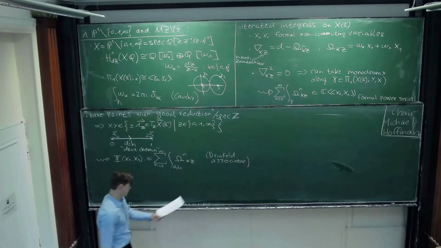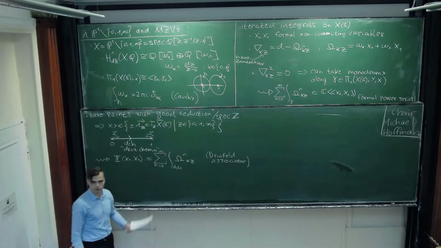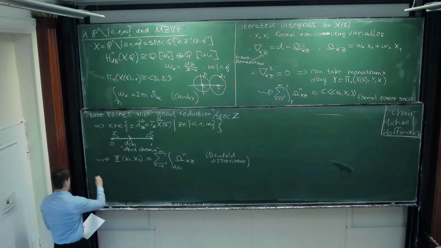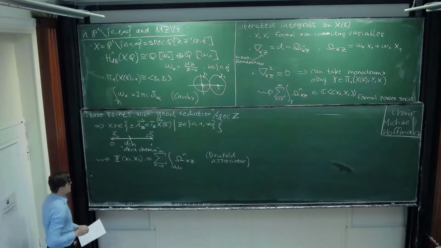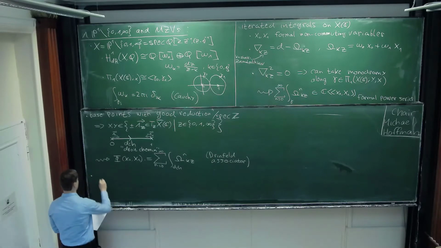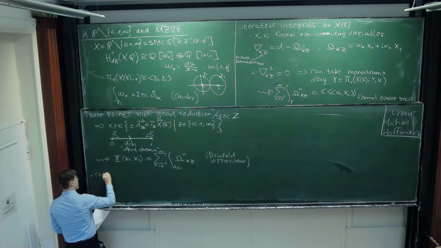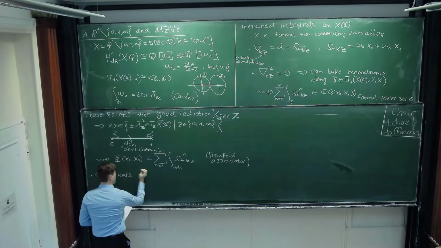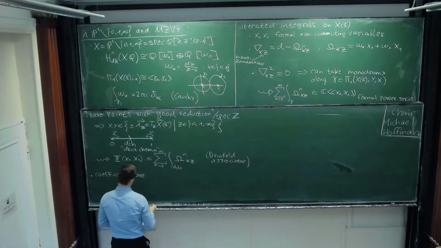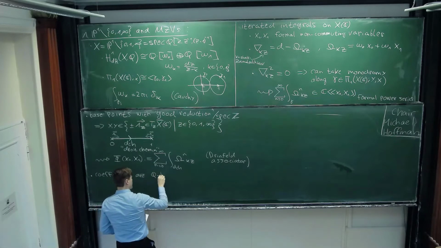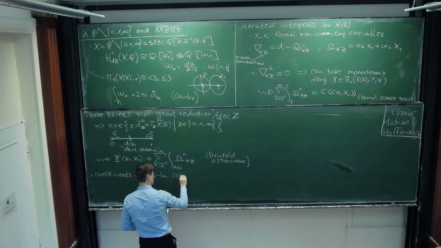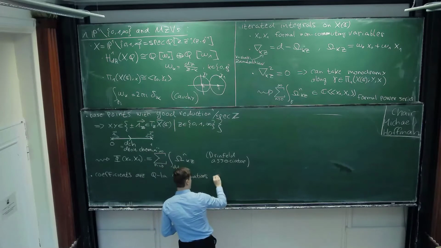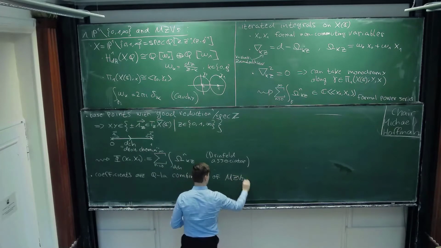And in Leila's talk, for example, I think we've already seen the Drinfeld associator. And the important thing to connect with multiple zeta values is that the coefficients are Q-linear combinations of multiple zeta values, MZVs.